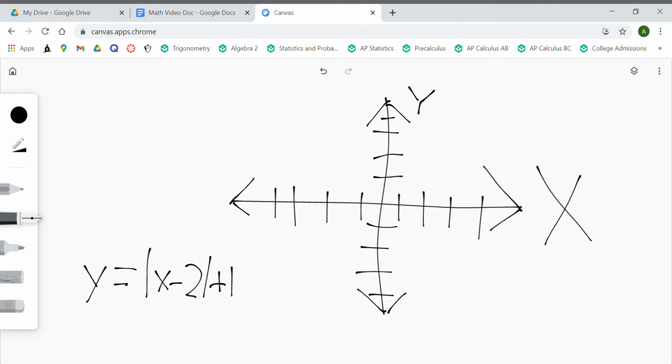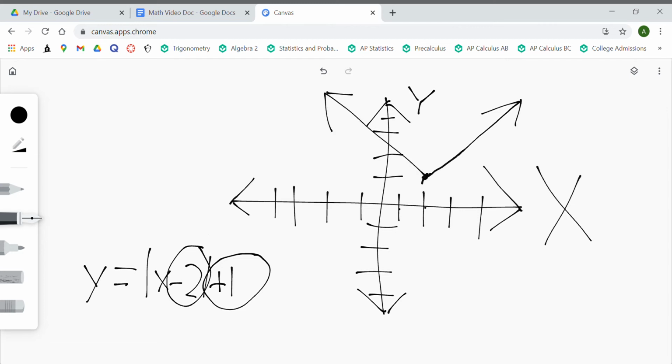We got a horizontal translation, which is 2 units to the right, and then a vertical translation, 1 unit up. And so if we go 1, 2, 1, there's our vertex. And then that's how we graph.